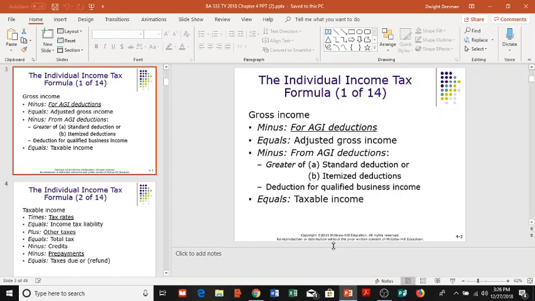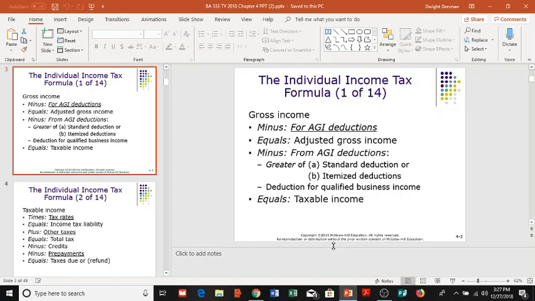For AGI is a term of art. Gross income minus for AGI deductions equals adjusted gross income. Very important for several reasons. AGI minus from AGI deductions equals taxable income.